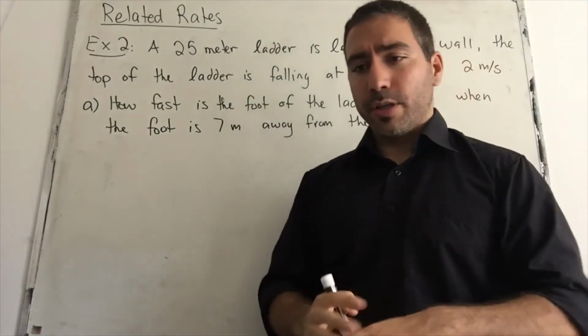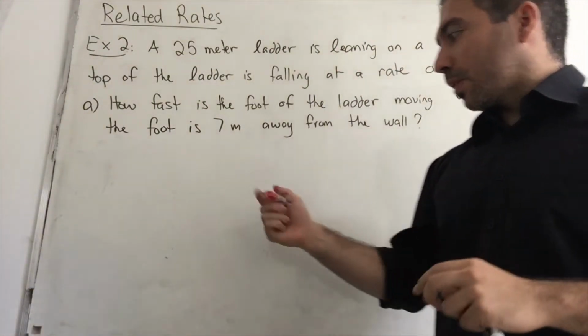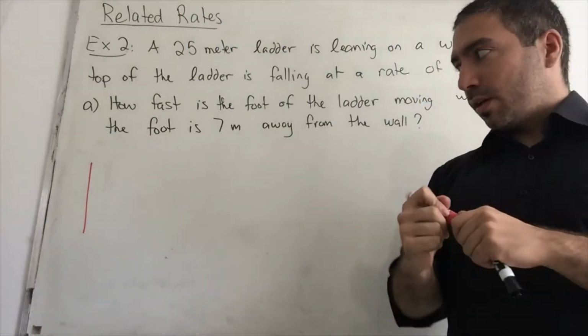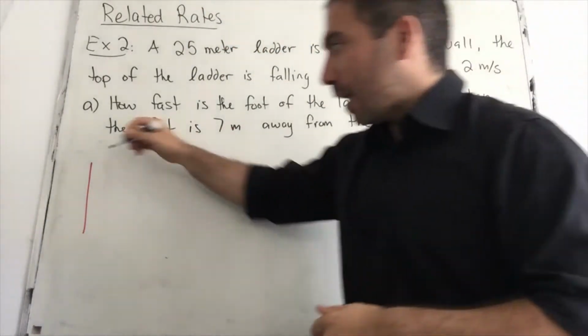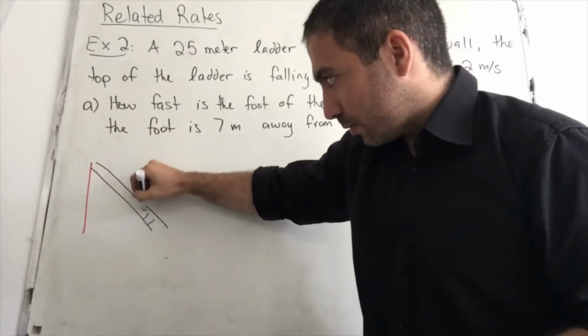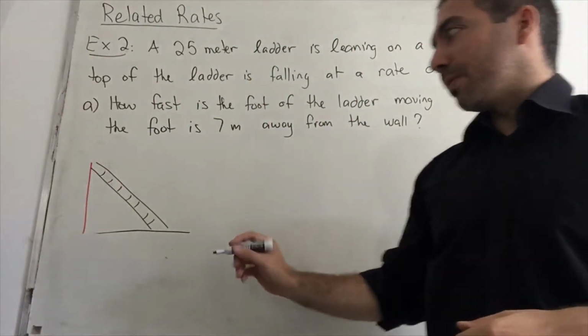Very typical question. Let's go ahead and sketch it. So we have our wall here in red. We have our ladder up here. And this is the floor.